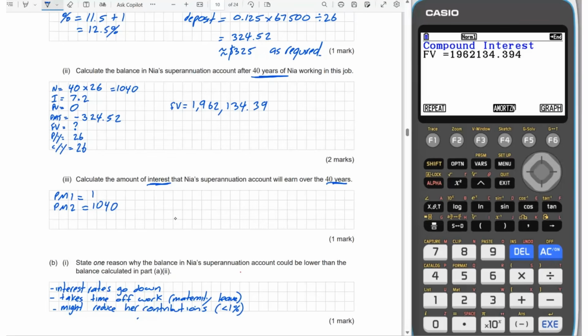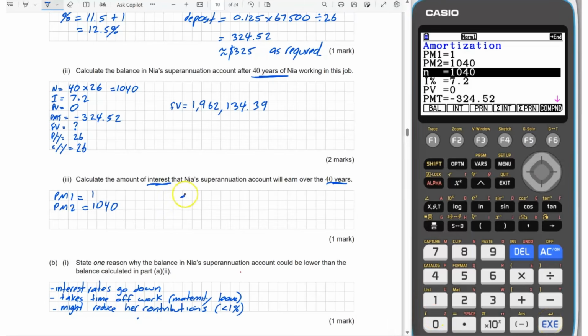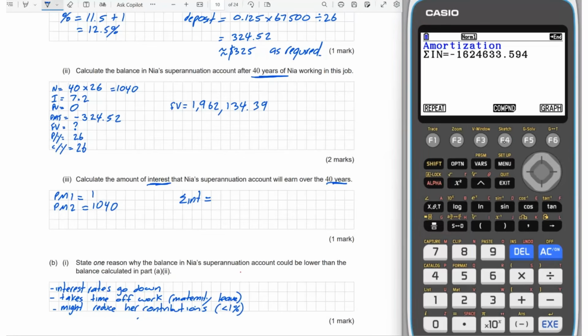So over on the calculator, we're going to go F4 for amortization. We're just going to make sure that PM1 and PM2 are set to what we are after here. And we're going to use the sum of interest. So you have to write down which function you're using here. And what do we get? The interest that she's earned is $1,624,633.59.